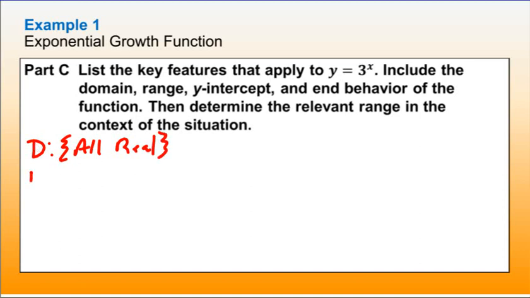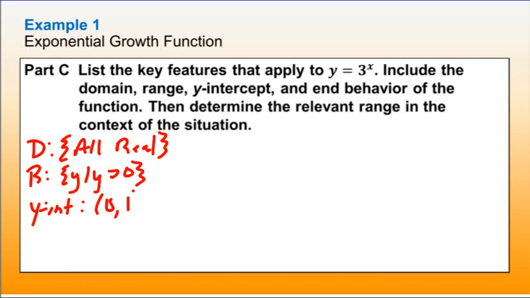The range for this one would be y such that y is greater than 0, or you can just say y is greater than 0. The y-intercept: where does it cross the y-axis? When x is 0, it crosses at 1.